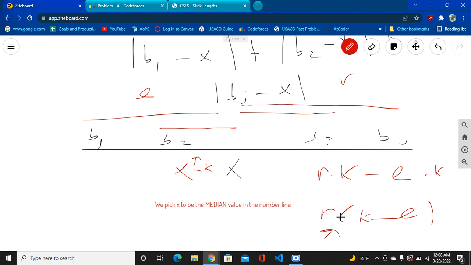You note that k minus L is positive, and therefore you've gained more. You can apply the same logic if it was x plus k, then it's going to be L k minus R k.